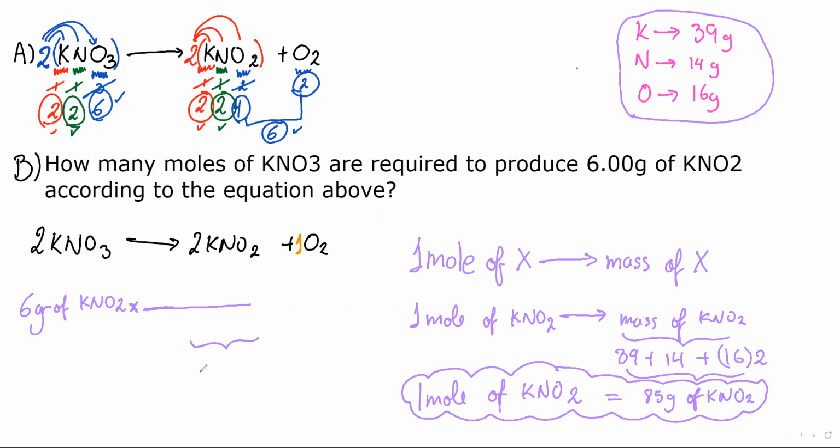You put on the bottom what you want to get rid of, and on the top, you put what you want. You want to get rid of grams of KNO2, and you want moles of KNO2.